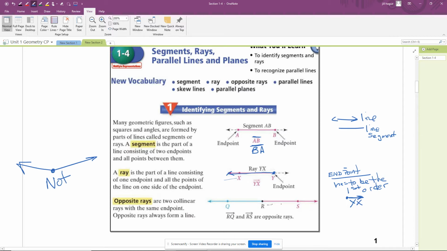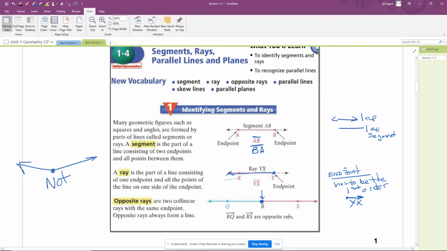They have to form a straight line, and they have to share, this is the other important thing, the same endpoint. So ray RQ, which goes this way, the blue one, and ray RS, the red one, form a straight line and share the endpoint, super important. Those are opposing rays.